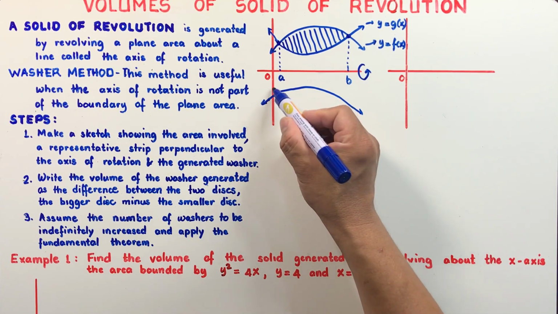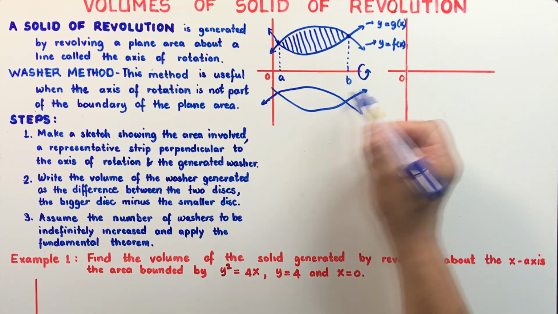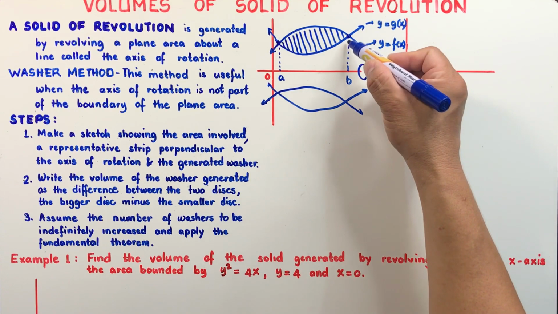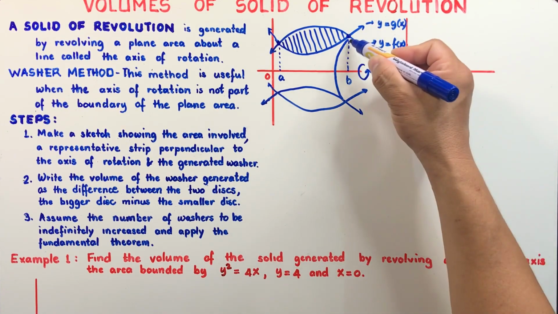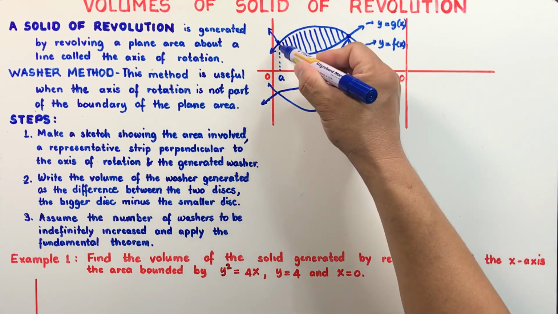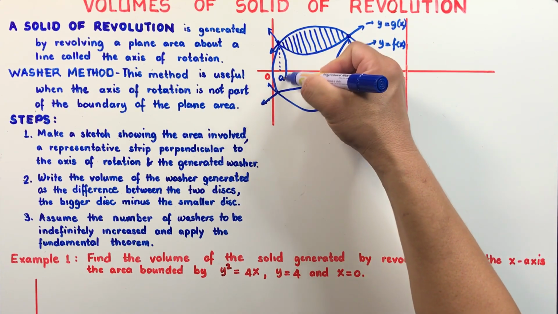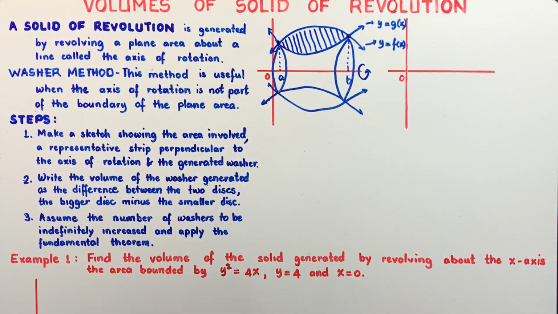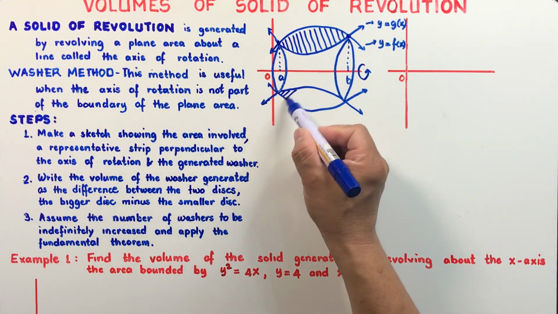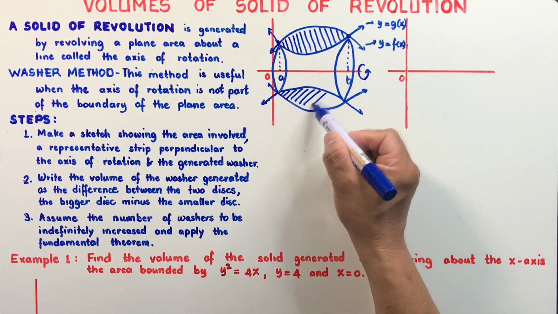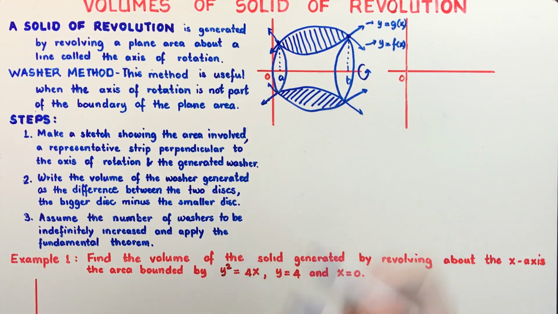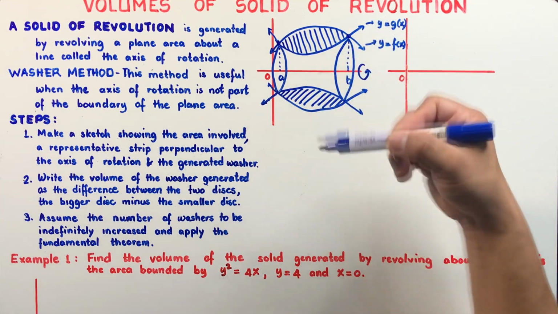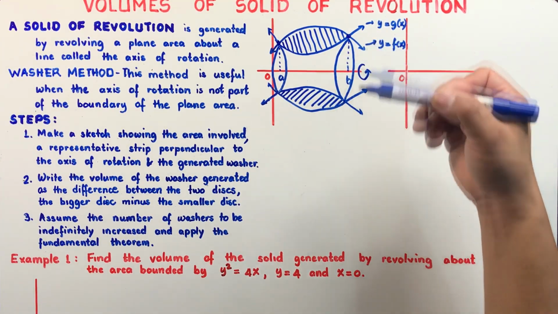So allow me to draw the curve. This is the figure formed by rotating this plane area. So what you have is a three-dimensional figure that is generated by this plane area rotated about the x-axis.